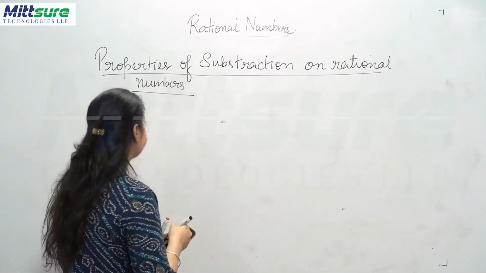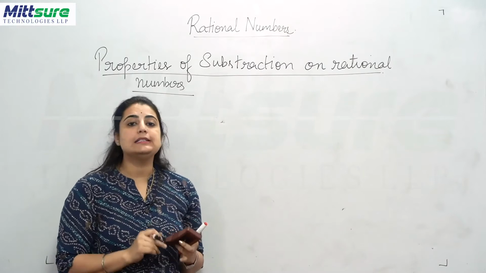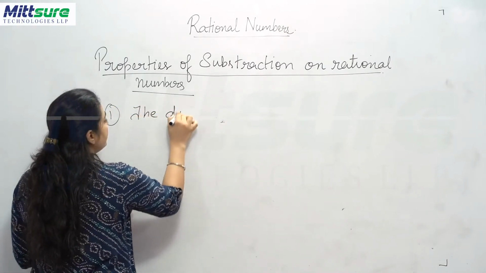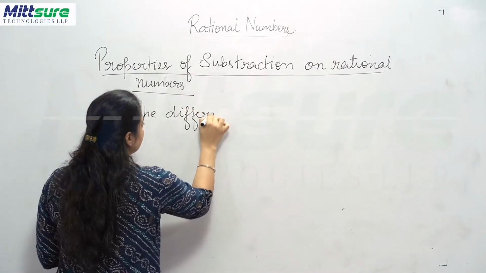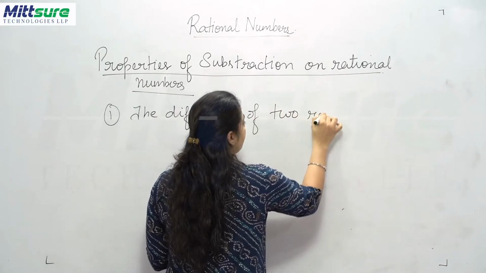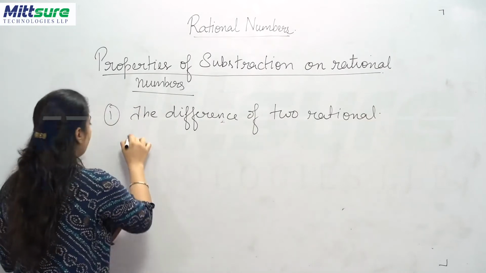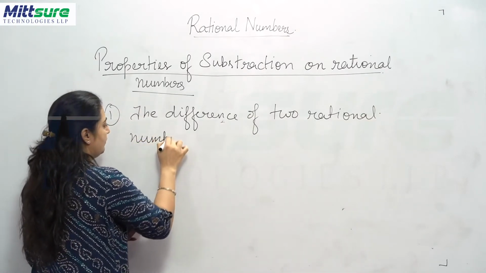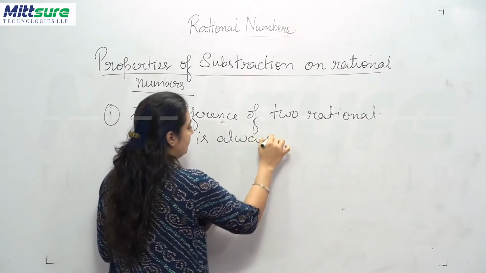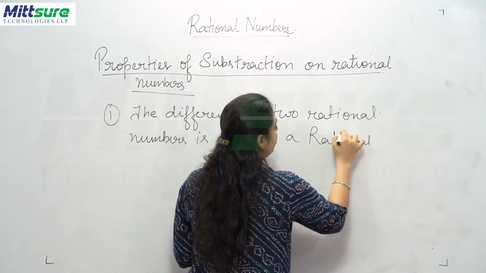So let's see the first property of subtraction on rational numbers, which says the difference of two rational numbers is always a rational number.